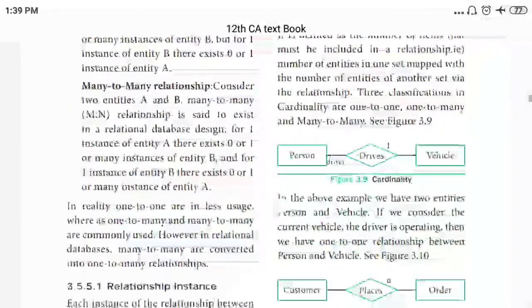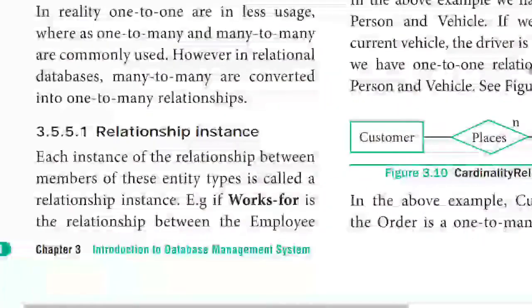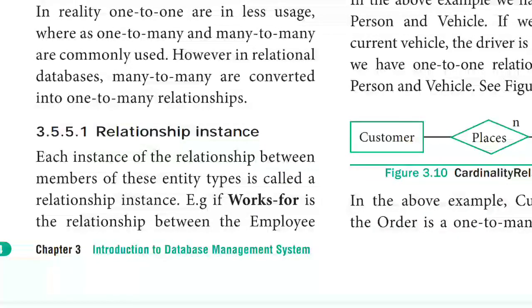The next thing is relationship instance. Each instance of relationship between members of these entity types is called a relationship instance. Every action that is done by the entities which are related is known as a relationship instance.